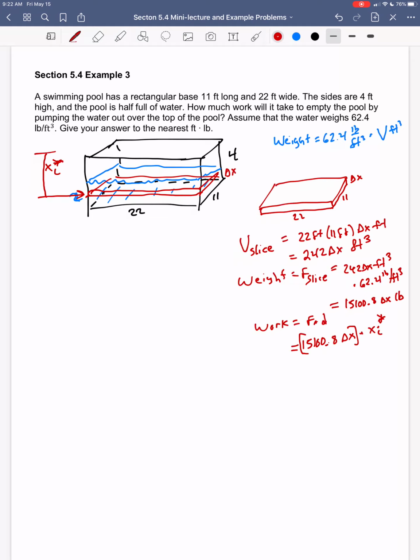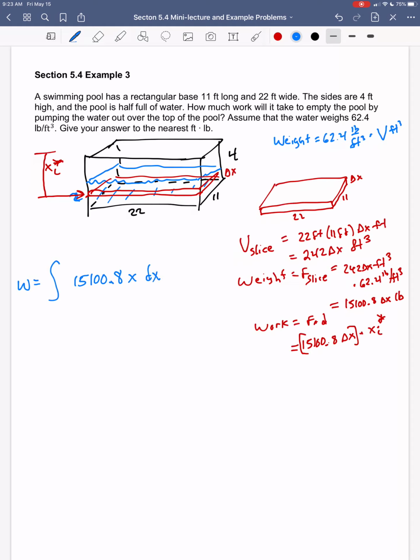So I'm going to add that all up. I'm going to let the number of subintervals go to infinity so that the width goes to 0. Add them up, and that's going to give me a definite integral. So my total work is the integral of 15,100.8 times x dx.